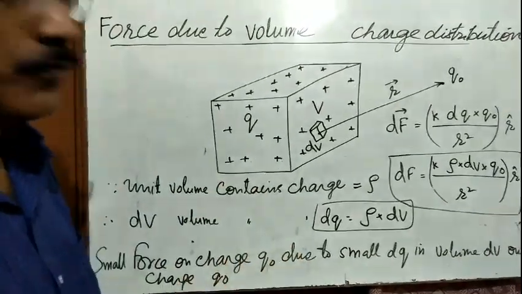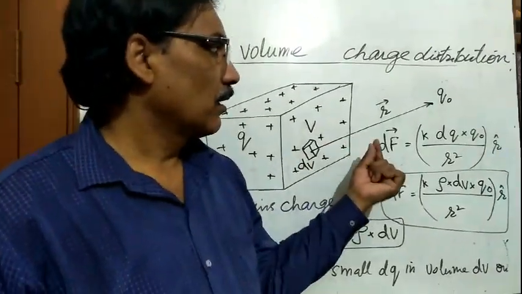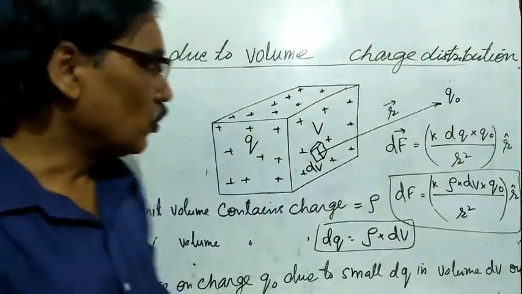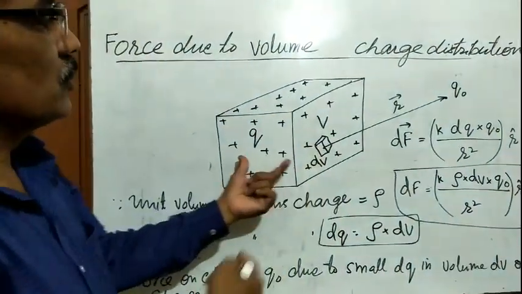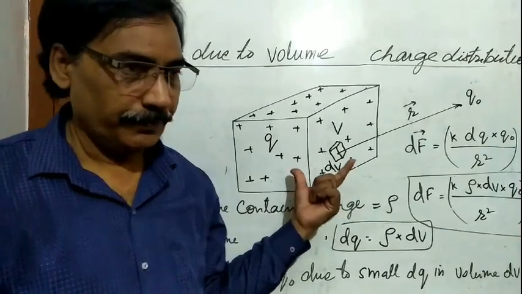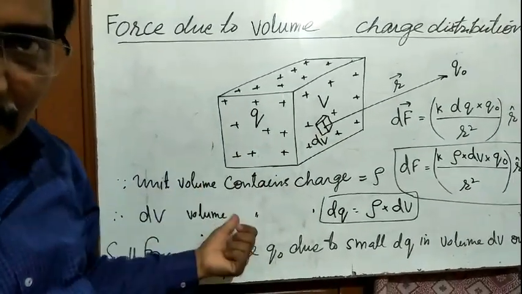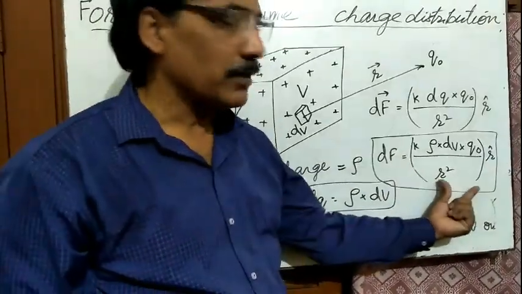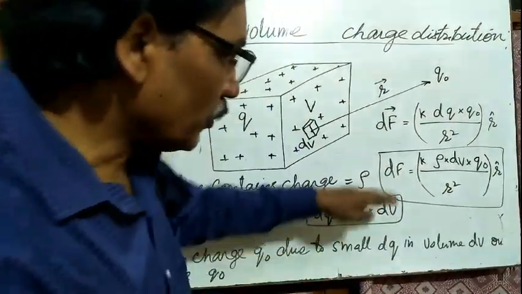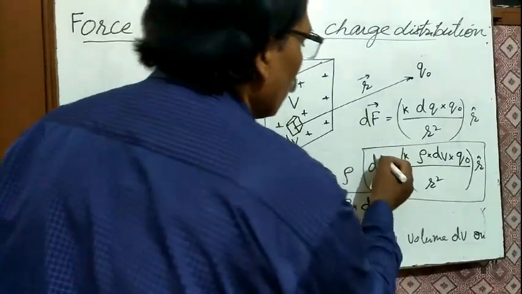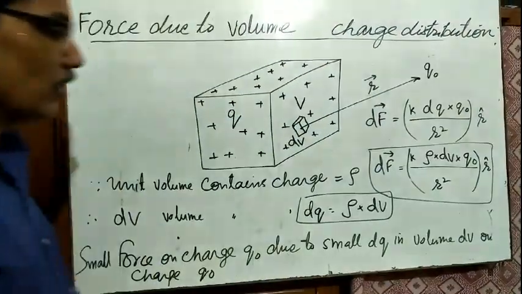But our aim is to find the total force on charge Q naught due to the whole charge distributed in this volume. So how can we find it? As we have done earlier, we will integrate this expression, and by integrating it we will get the total force acting on charge Q naught.